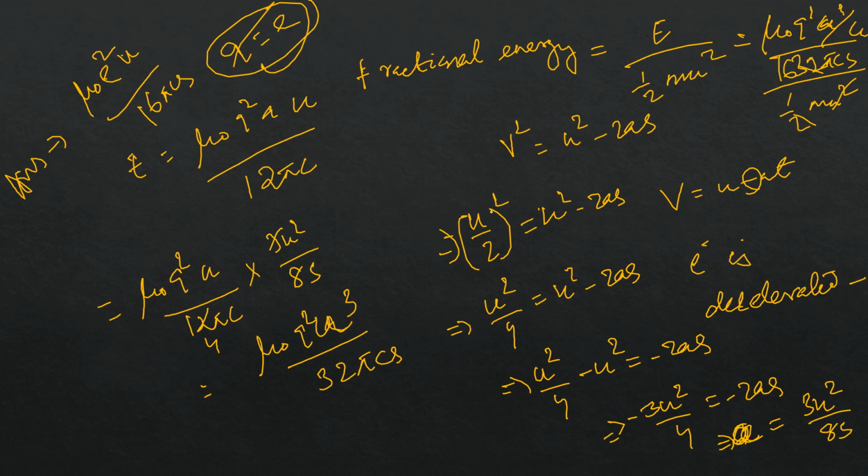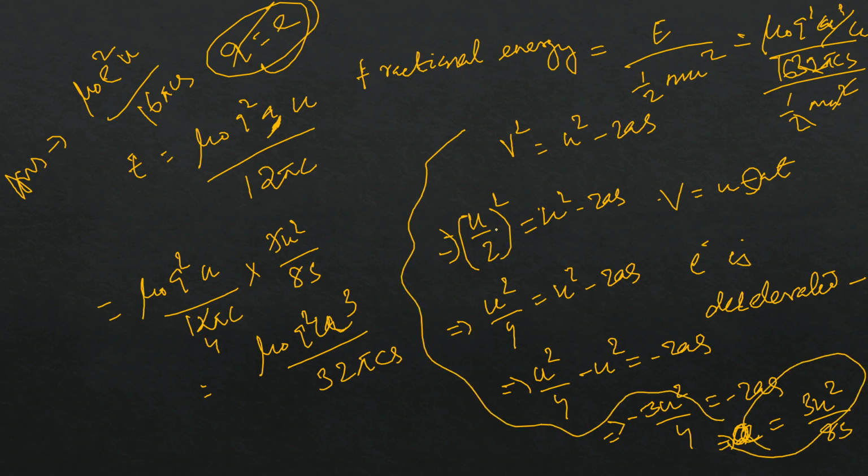Then we have to put in place of a, because a is not in the options. So from the equation of motion I calculated a and put it there. And fractional energy is total energy divided by initial kinetic energy. So this is our answer.